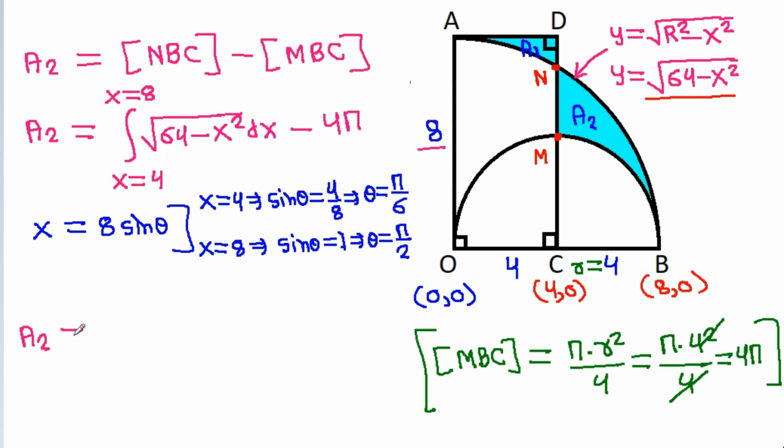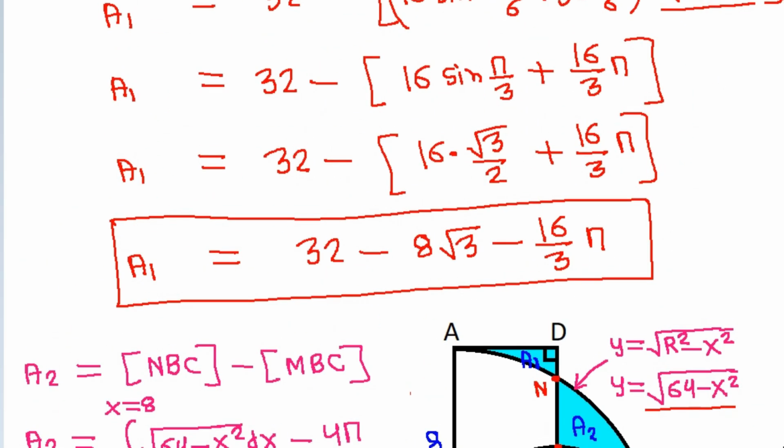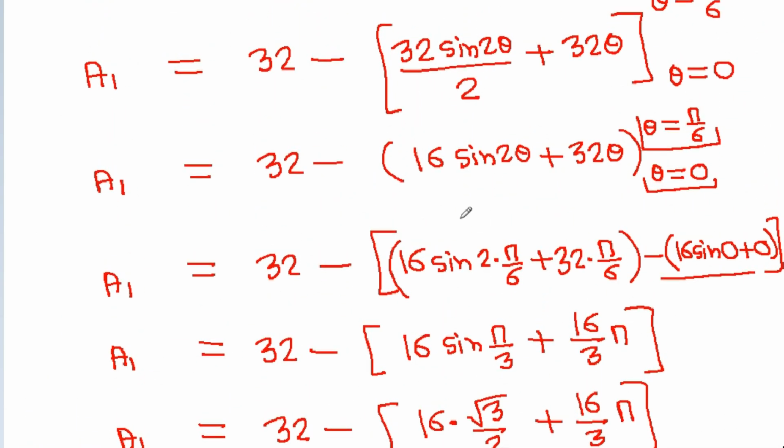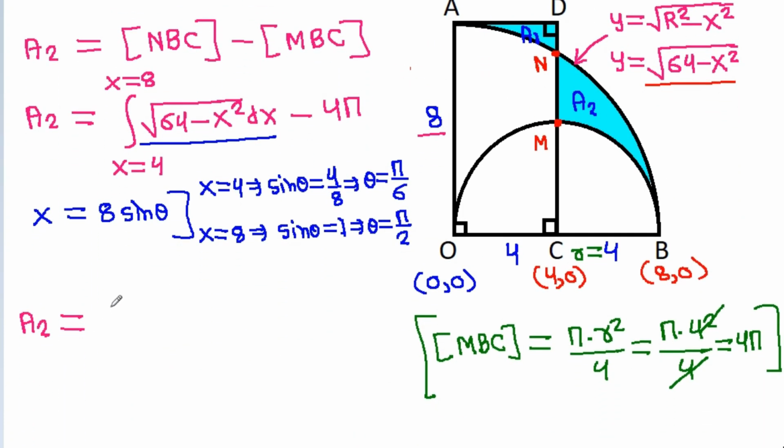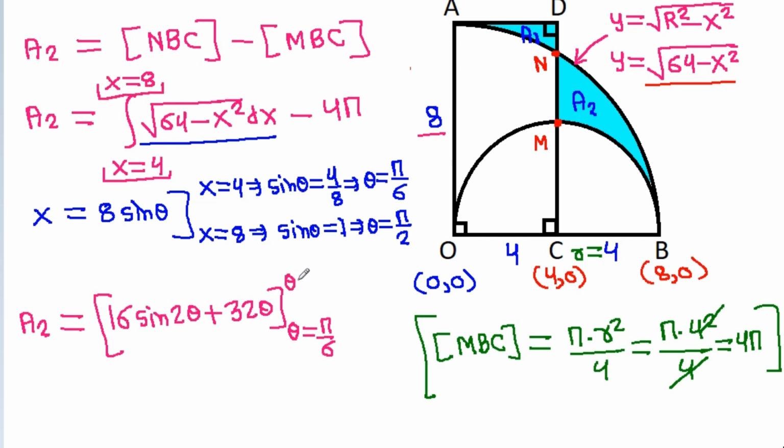So A2 will be equal to the integral of this part, which is 16 sin 2 theta plus 32 theta. At x equals 4, theta is pi by 6, and at x equals 8, theta is pi by 2, minus 4 pi.